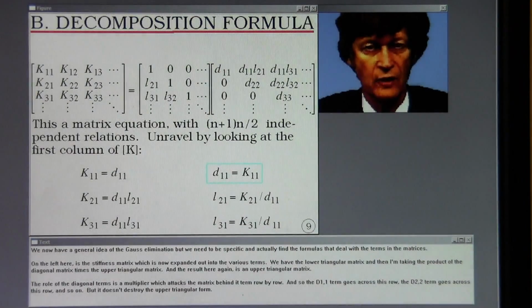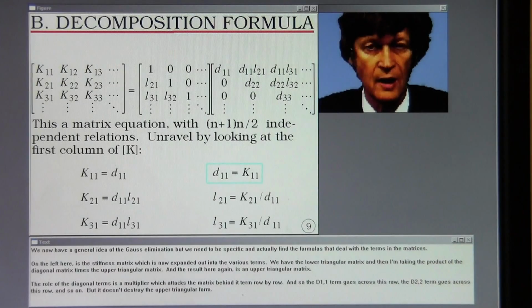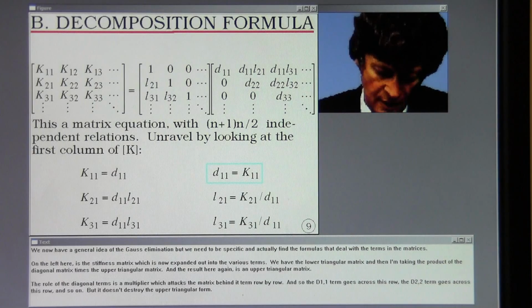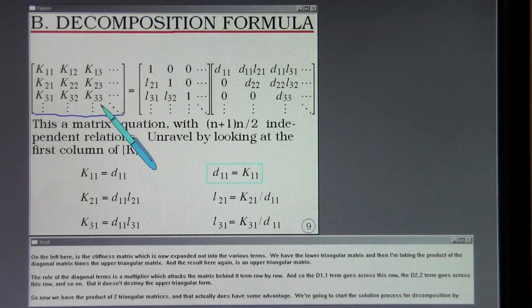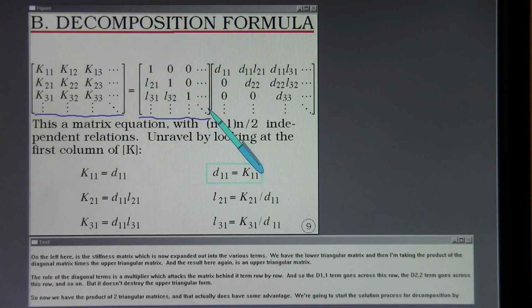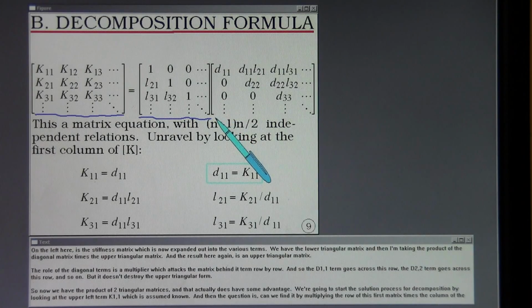We now have the general idea of the Gauss elimination, but we need to be specific and actually find the formulas that deal with the terms in the matrices. On the left here is the stiffness matrix, which is now expanded out into the various terms. We have the lower triangular matrix, and then I'm taking the product of the diagonal matrix times the upper triangular matrix.